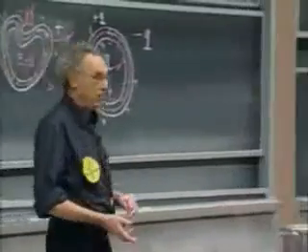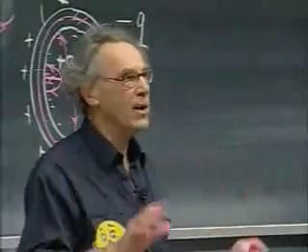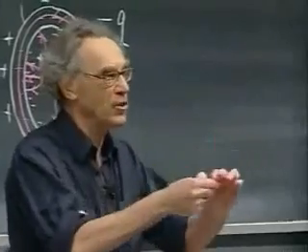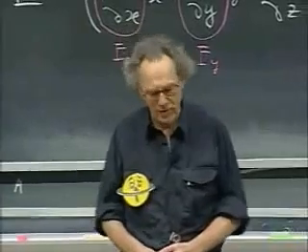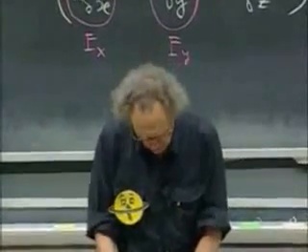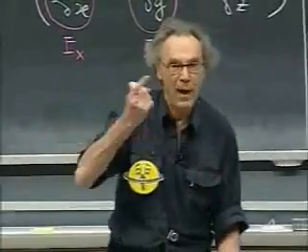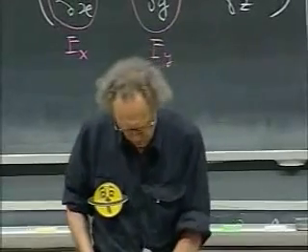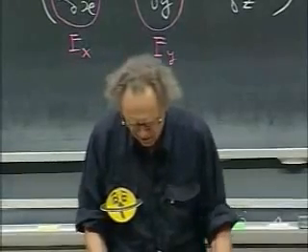The fact that I create plus on the cat and maybe minus on myself, the outside world will never know because the sum of the charges is still Q. They may hear the cat scream. That's all they can hear. But they have no way of knowing that I'm fooling around there with charges. And so the outside world has no way of knowing what happens on the inside. And we call that electrostatic shielding. That's the effect of a Faraday cage.